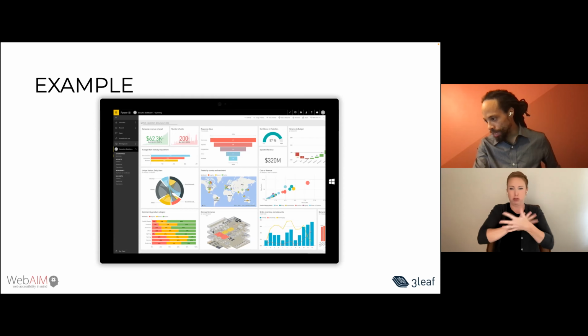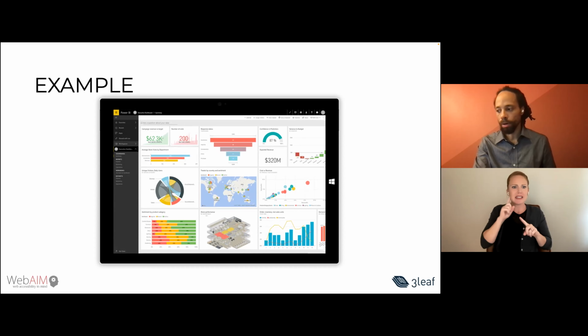Here's another example. Again, I won't go through all of it, but for everyone, it's a super busy dashboard with lots of different types of graphs that are difficult to interpret.